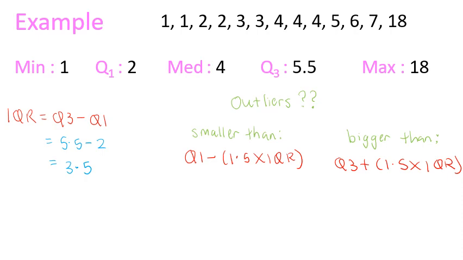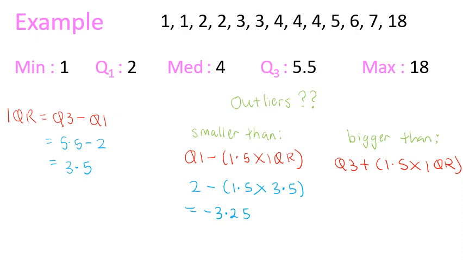Okay, so Q1 was 2 minus 1.5 times the IQR, so we already worked out the IQR was 3.5. So if I pop that in the calculator, it equals negative 3.25.